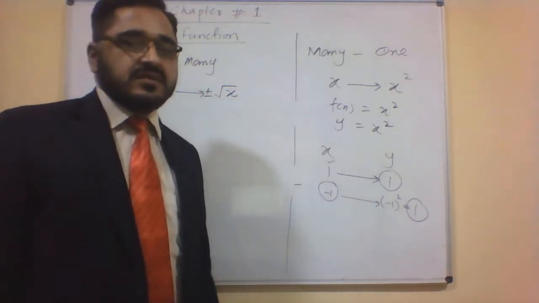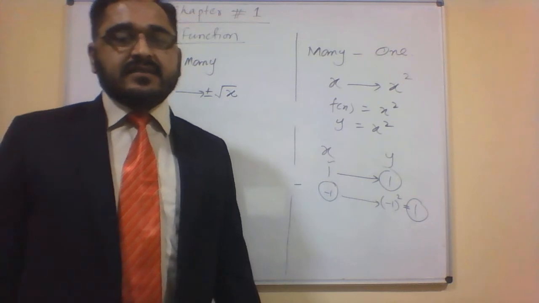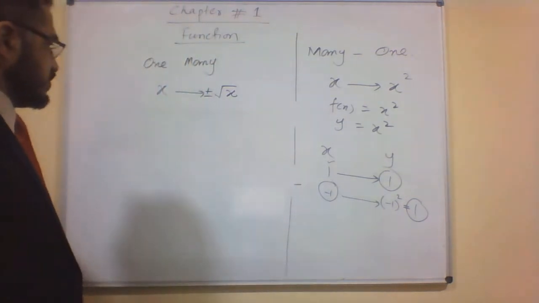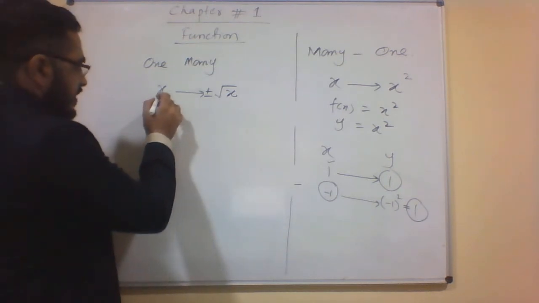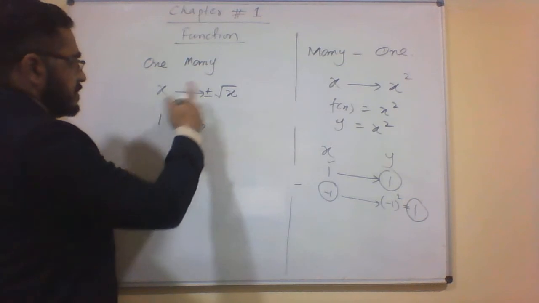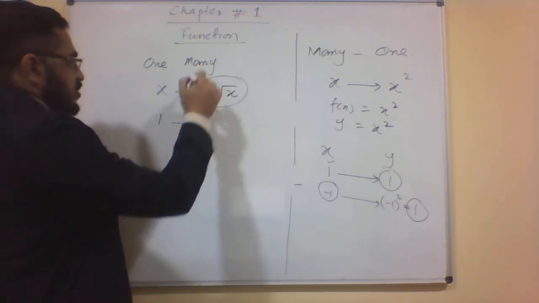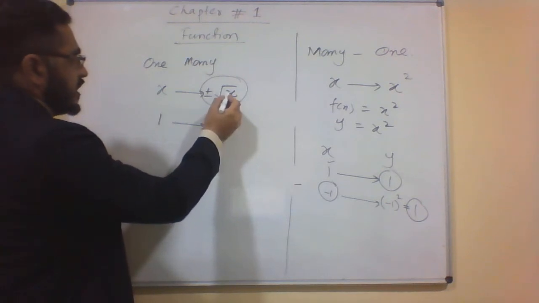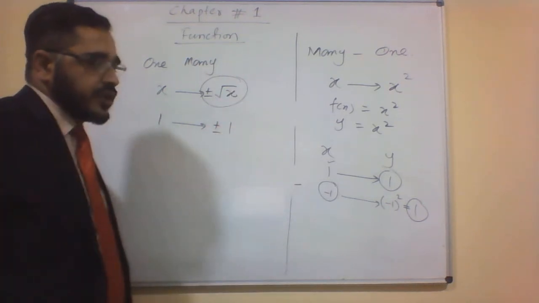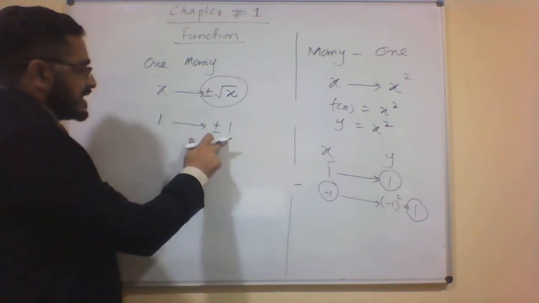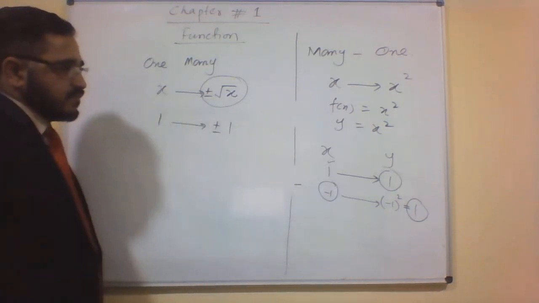You know the term in square root, we will take it positive and negative both. Plus minus square root of x. Now here value of x, suppose I am taking 1. What will be the range value or value of y? It is plus minus square root of 1, and you know square root of 1 is 1. It means at x equal to 1 we are getting plus 1 as well as minus 1.